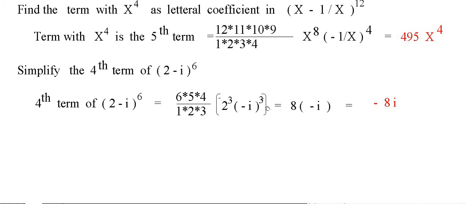The numerical coefficient has 3 factors, 6 times 5 times 4, over 3 factors, 1 times 2 times 3. Simplifying this is equal to 20. Then minus i raised to the cube is plus i, so it becomes 8 times 20 i, minus 160i.